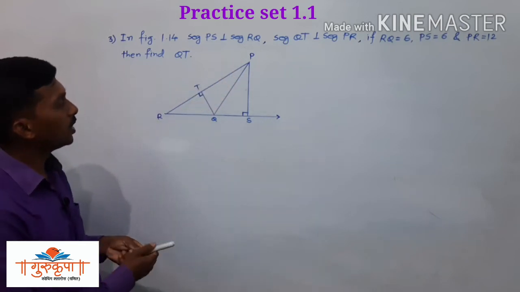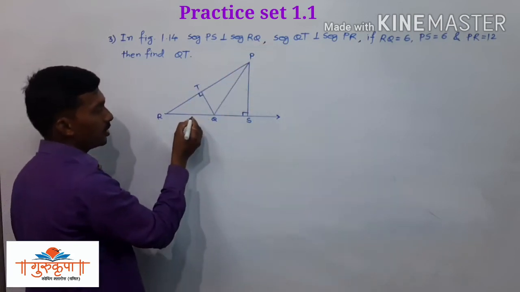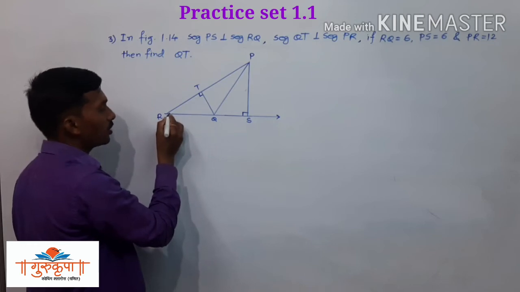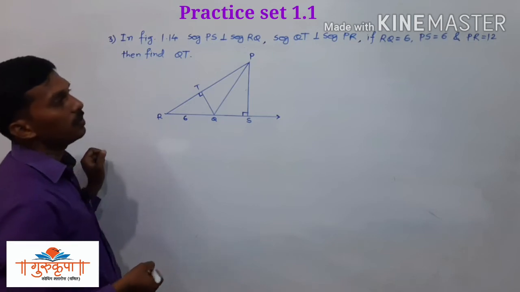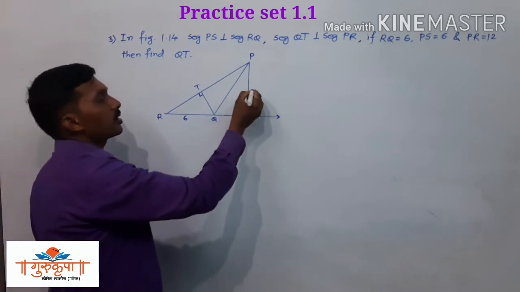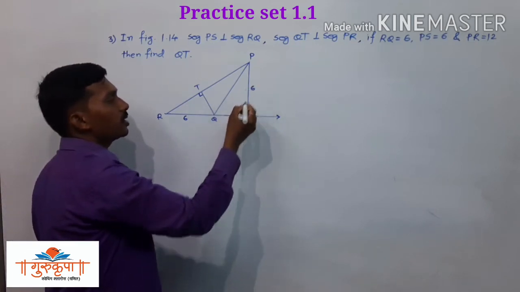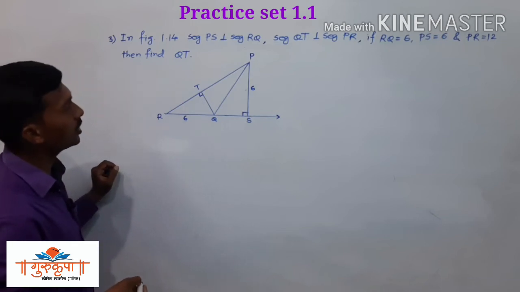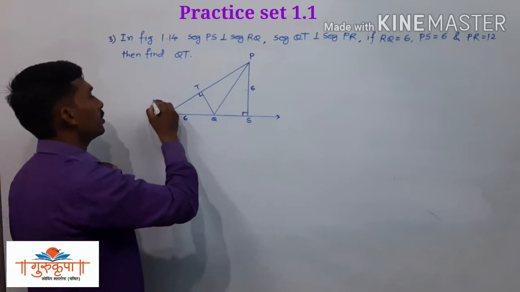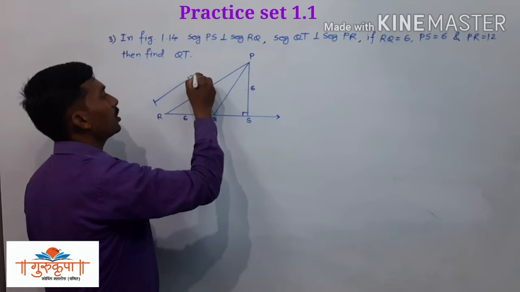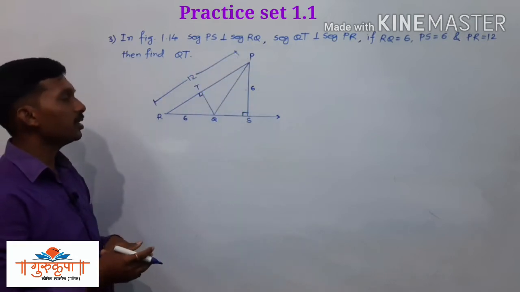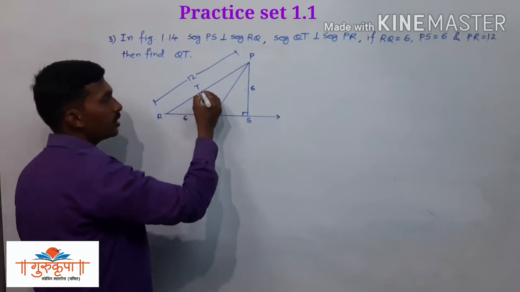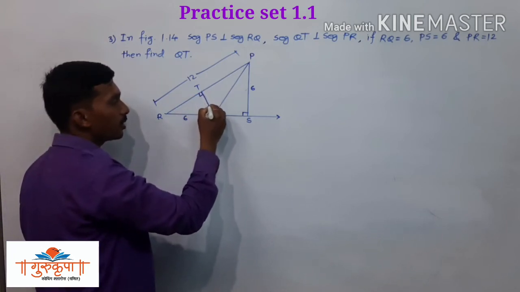If QR is equal to 6, this length QR is given 6. PS is equal to 6, the length of seg PS is given 6. Then PR is equal to 12, this total length is given 12, and we have to find the seg QT. This segment we have to find.